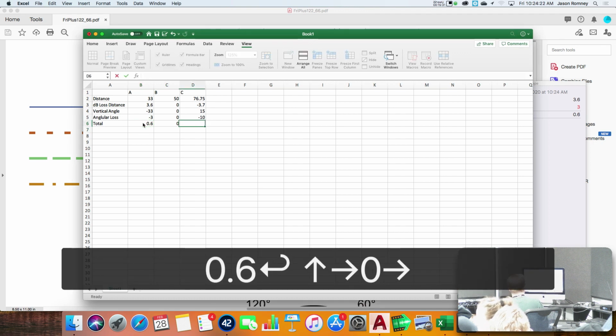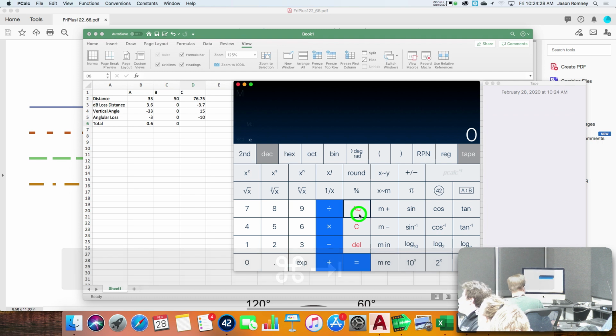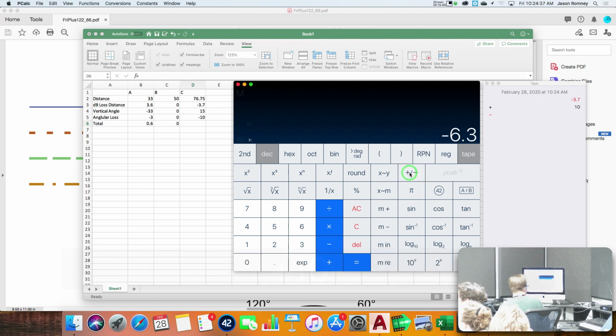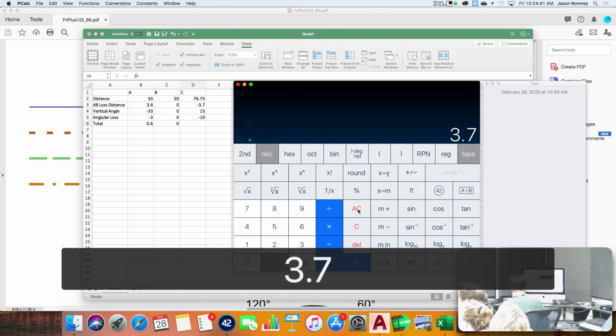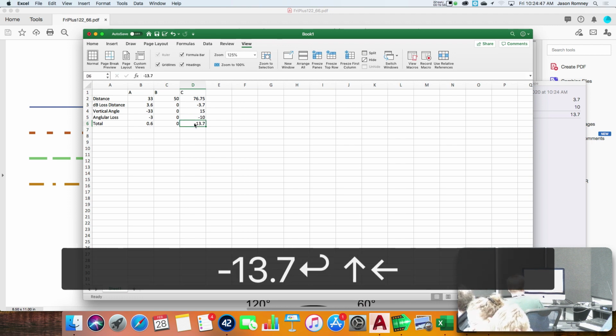At the back row, I'm at negative 3.7 plus negative 10. Oops, what did I do? Negative 13.7. So negative 13.7. Okay, so the difference here, this is at 1 kilohertz.